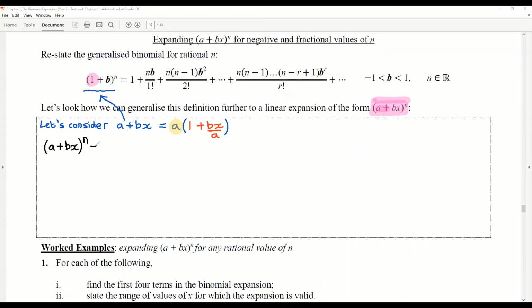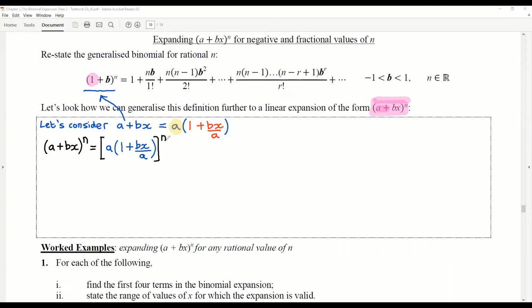Well, it's simply what we've just discovered, but all raised to the power n. So I can take my a and my 1 plus bx over a, and I'm going to raise the whole thing to the power n. I'm going to use big square brackets for this.